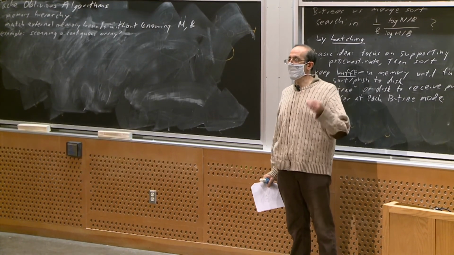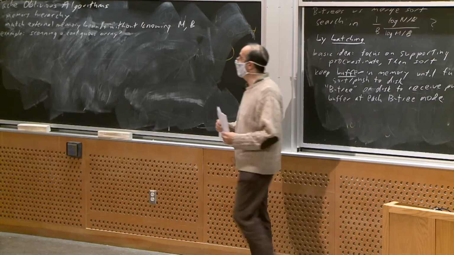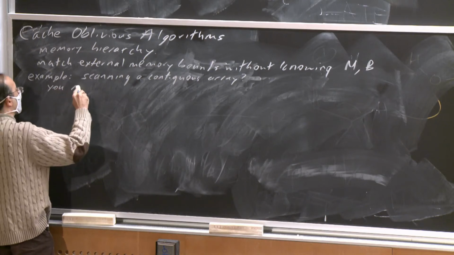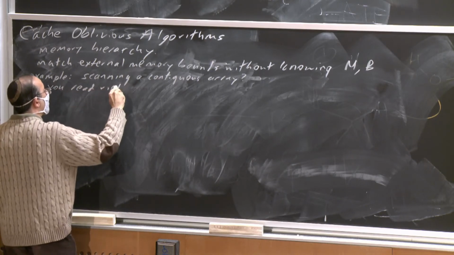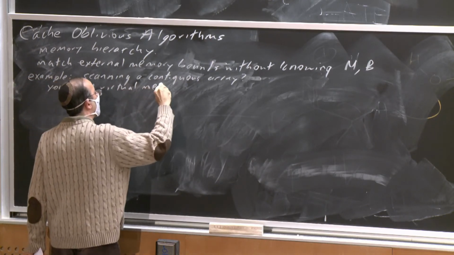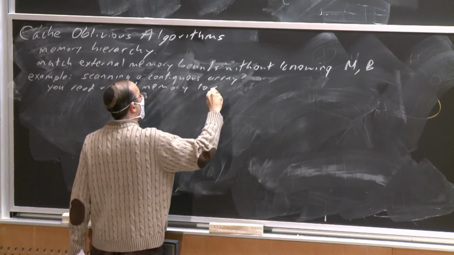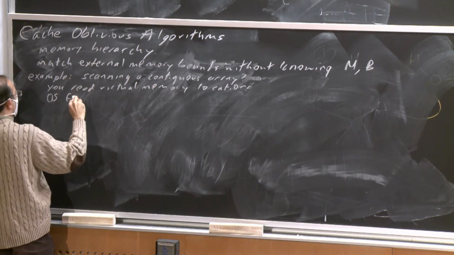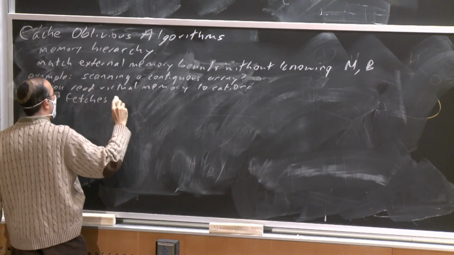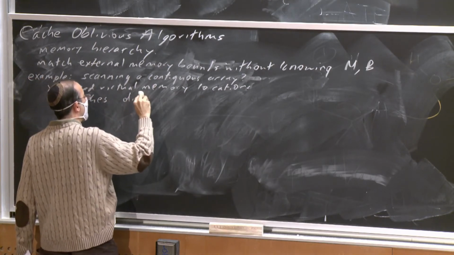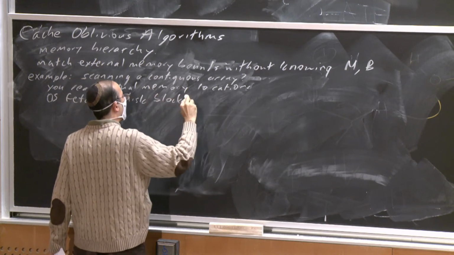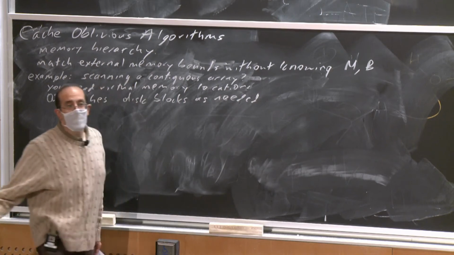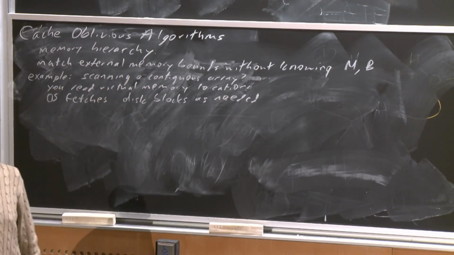You look at item 1, item 2, item 3, item 4, item 5, and so on. You just read the virtual memory locations, and the OS fetches disk blocks as needed, when you read something from a disk block that you don't have.